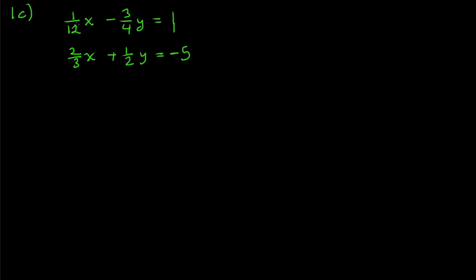You multiply both sides by the least common denominator. So for the first equation, we have denominators of 12 and 4. What is the least common denominator? It is 12. If you're thinking 4, you're probably doing greatest common factor, not least common denominator.